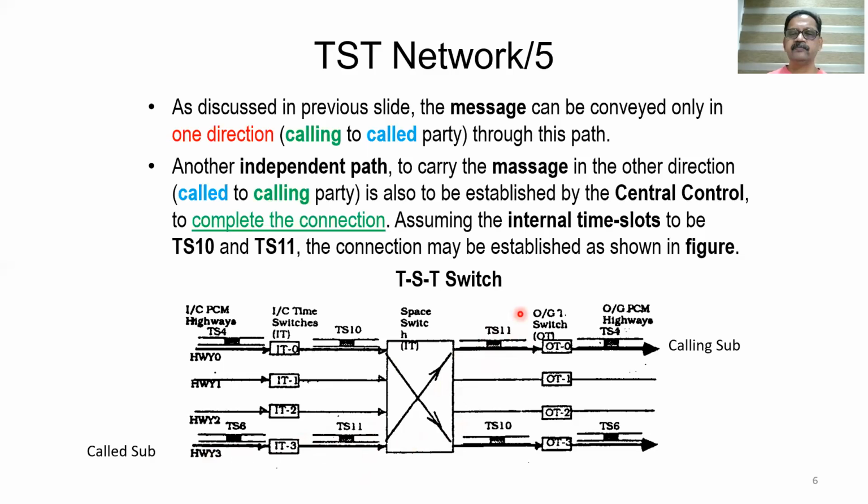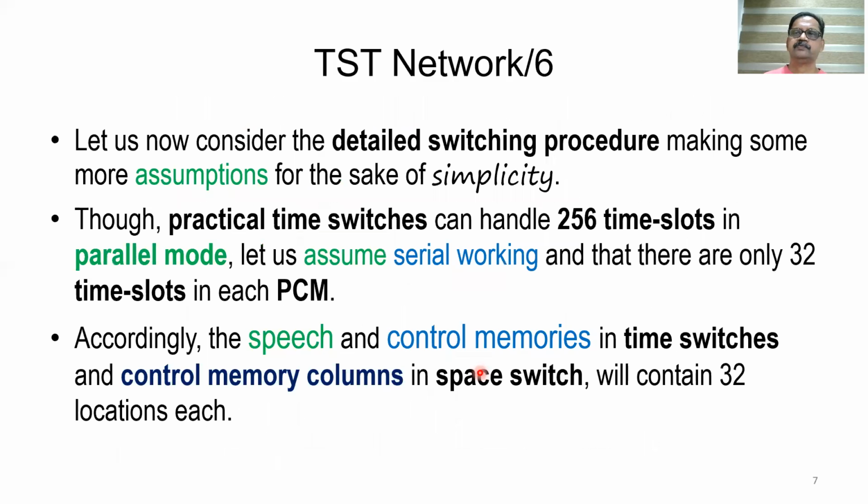Then we have the outgoing time stage. Here the time slot is interchanged. For easy understanding, we are not changing the highway. From highway 0 time slot 11, the speech is transferred to the same highway 0 time slot 4. So this is the path for called to calling subscriber. So both-way communication is established.